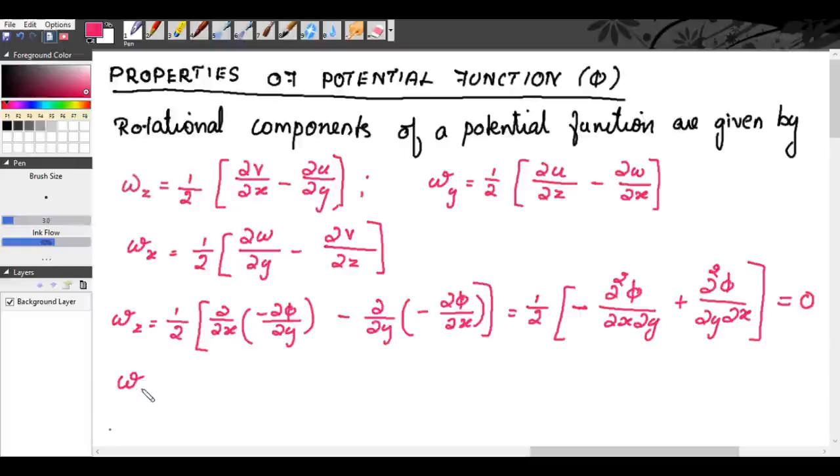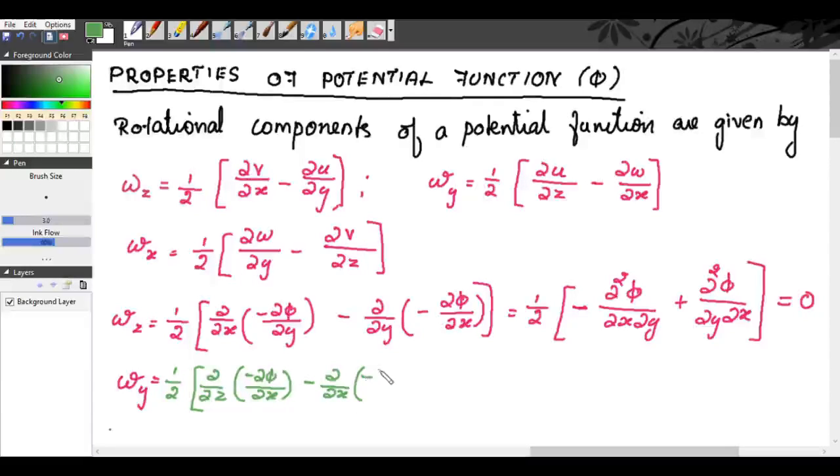Similarly, your omega y becomes half of dou by dou z of u. U means minus dou pi by dou x, minus dou by dou x of w.